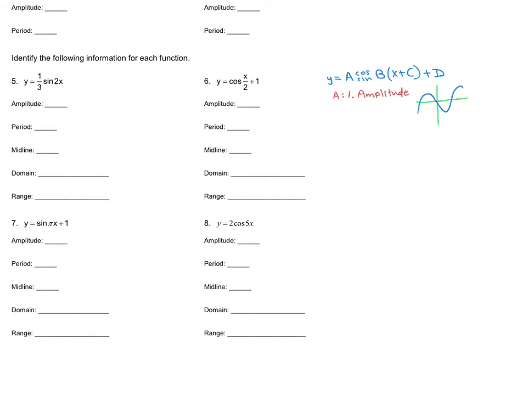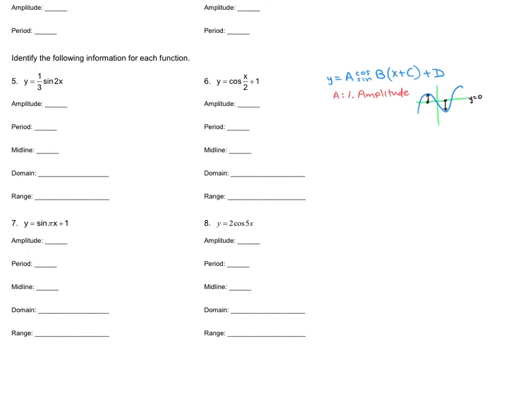To find the amplitude, it would be from the x-axis, or not always the x-axis, but just from the midline. In this case, the midline is 0. So from where y is equal to 0 all the way to the top of the graph, that distance between the top and the midline of 0 is the amplitude. Same thing from here all the way down. Those are supposed to be equal, and on an actual graph they will be equal.